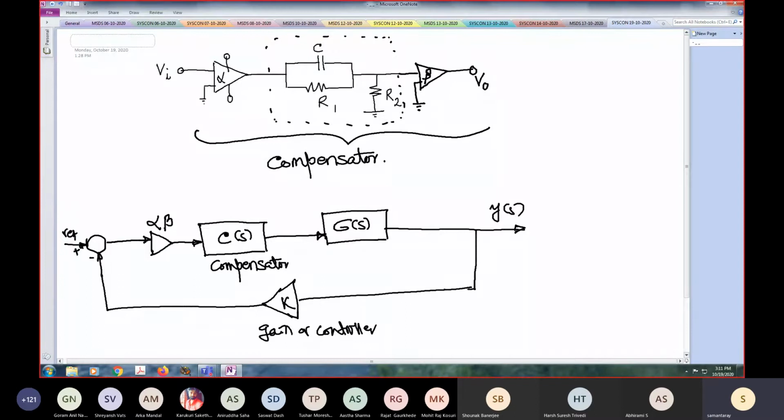So the compensator will be put in the forward loop. Compensator appears in the forward path. The compensator will never be put in the feedback path. What this compensator will do, you will learn in your further classes as Professor Bhattacharya will teach you.